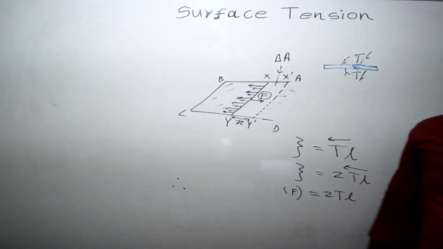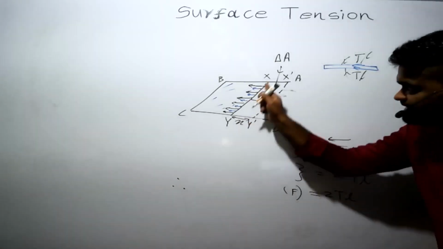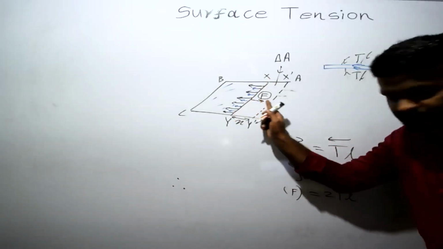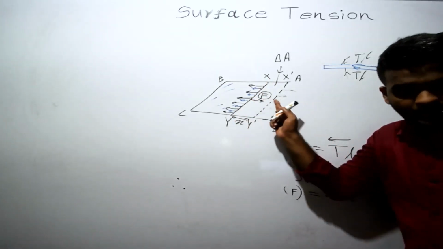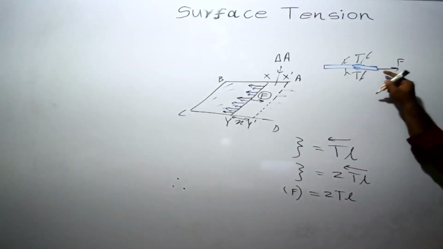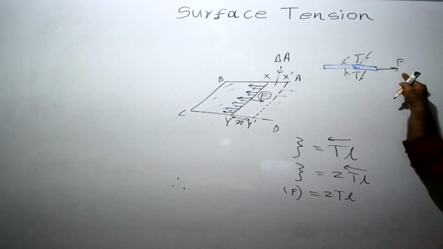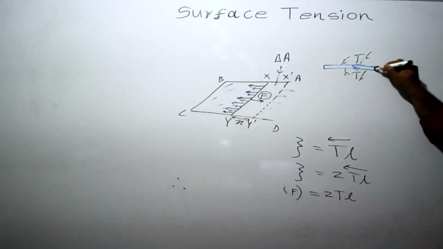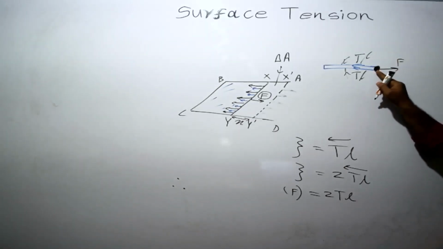Then you need to bring this wire at constant speed to this side. What do you have to do? You need to apply a force capital F to this side, right? So the wire is balanced.